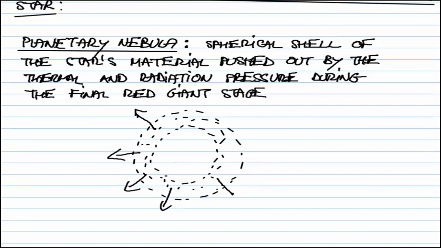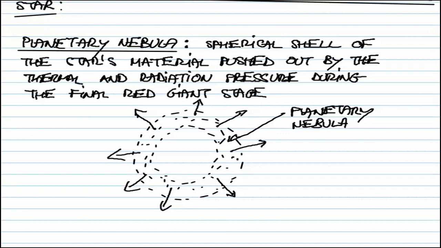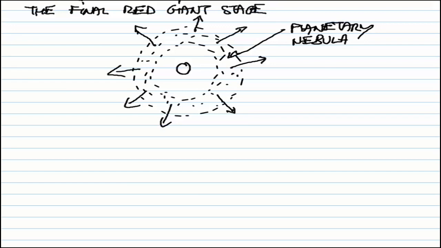It's moving out. Okay, so this is a planetary nebula, right? It's moving out. And what is left behind is this dead, meaning it's not producing energy via fusion, carbon core.